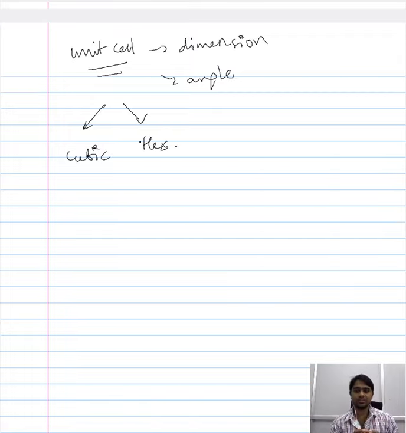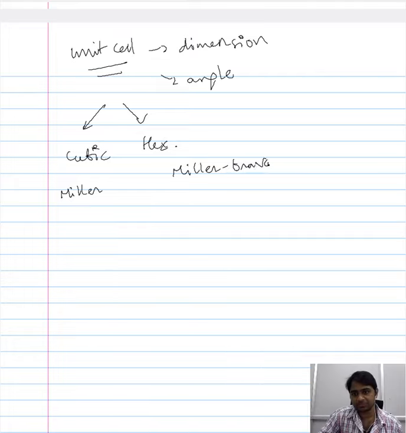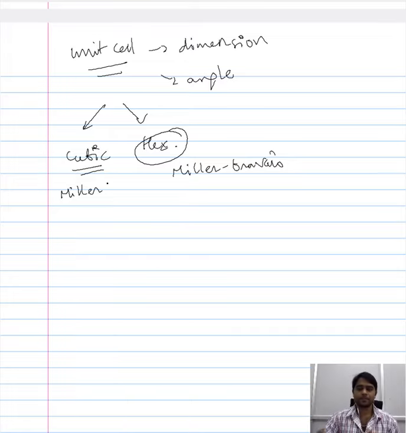And in these unit cells, we described a set of planes and a set of directions using Miller indices, a set of 3 integers, and Miller-Bravais indices, a set of 4 integers in the hexagonal close-packed structure, and Miller indices just for the cubic setup.